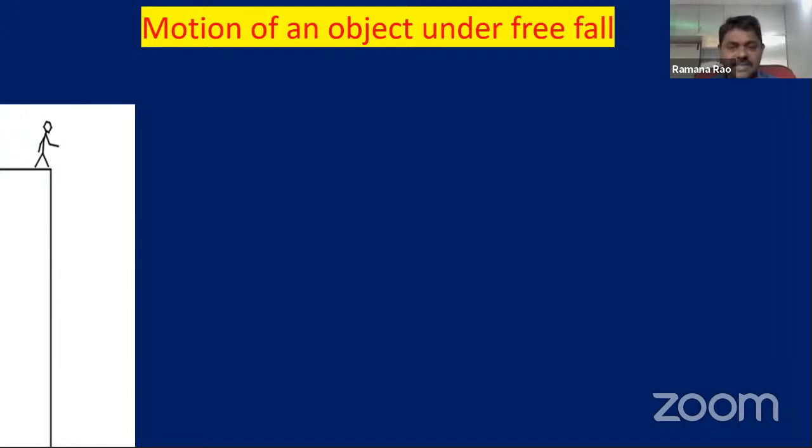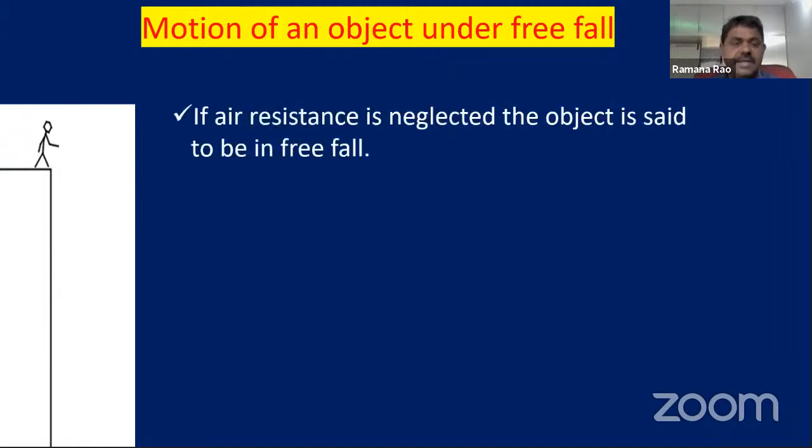Free fall means, if air resistance is neglected, the object is said to be in free fall. Whenever a body is coming in the downward direction, if air resistance is neglected, the only force acting on the body is gravitational force.